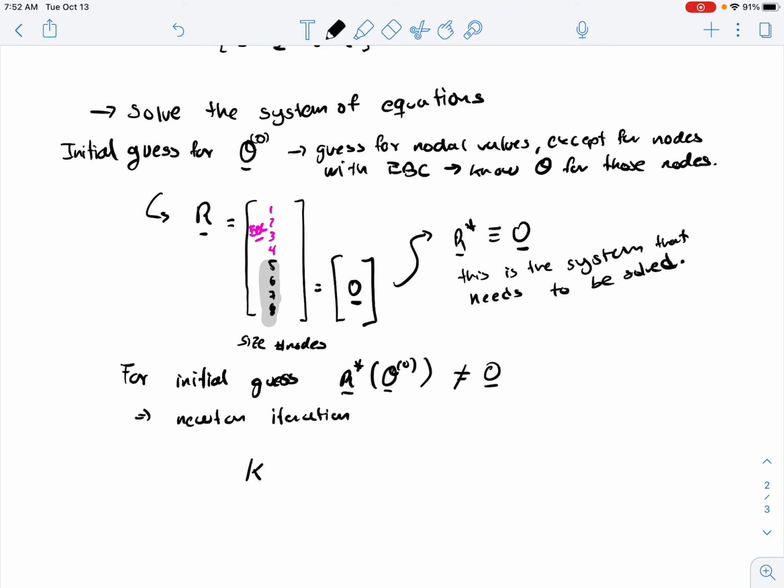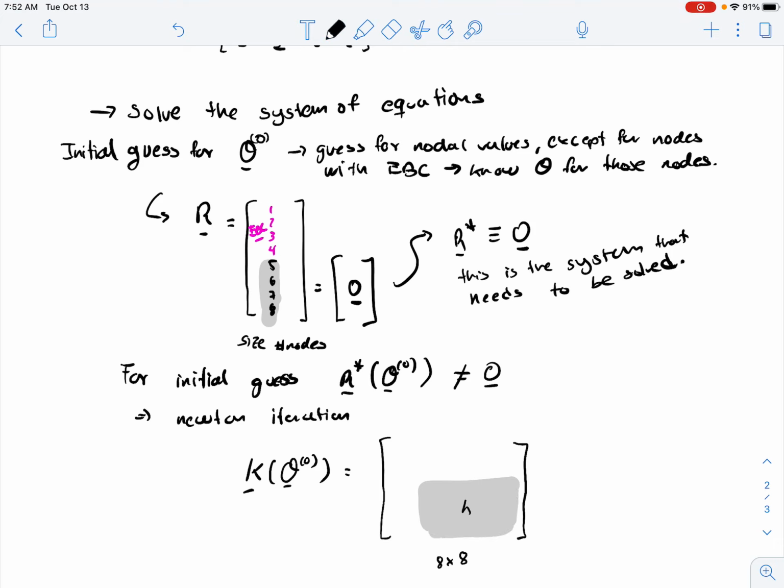So for the Newton iteration, I need a K star. So I will evaluate K at that theta 0, and that's going to be this 8 by 8 matrix. But out of that 8 by 8 matrix, I will only take the part that corresponds to my nodes that don't have essential boundary conditions.